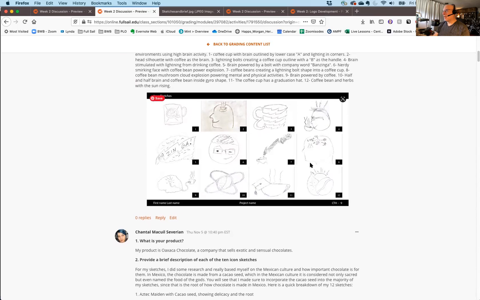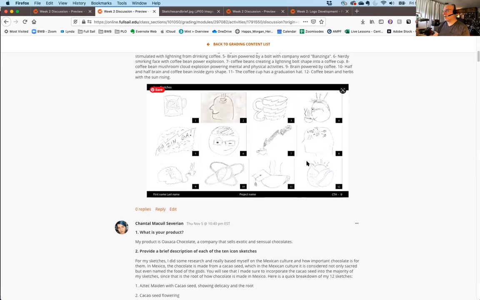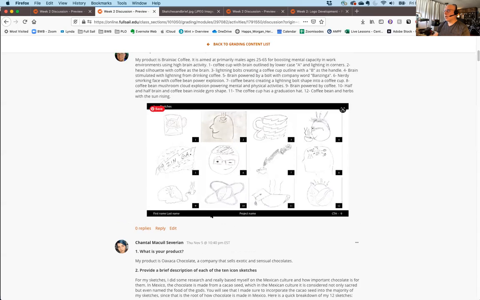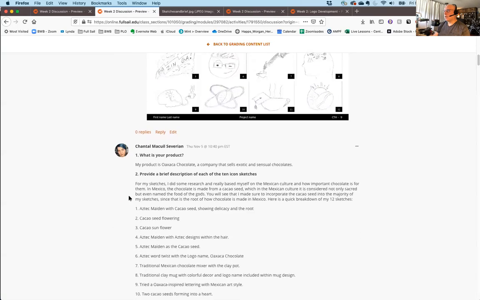This is too complex. I get what you're saying there. That's kind of interesting. The coffee bean energized brain with the nerd glasses, maybe that's one. This is like a whole scenario that's too complicated. And this one is kind of hard to relate to, but I think number 2, number 3, and number 6 might be the best ones. So take those to the next level.